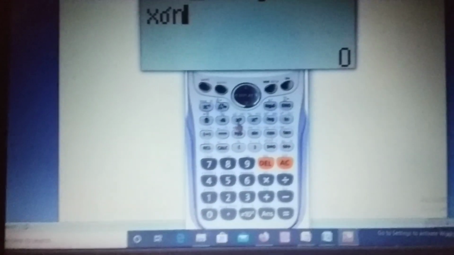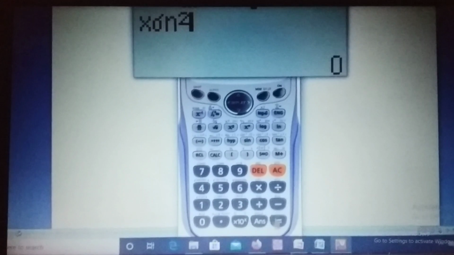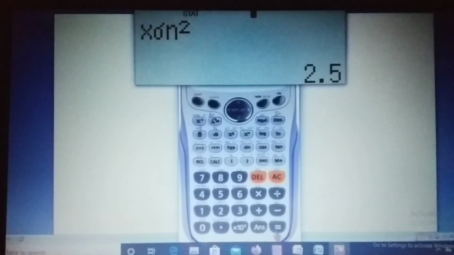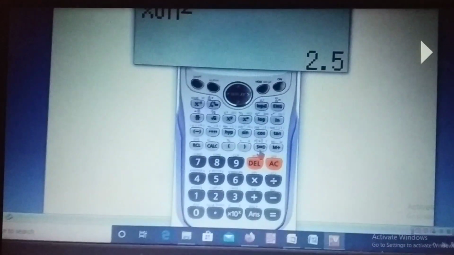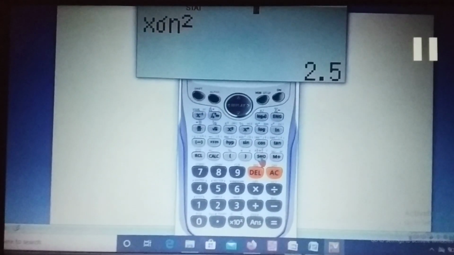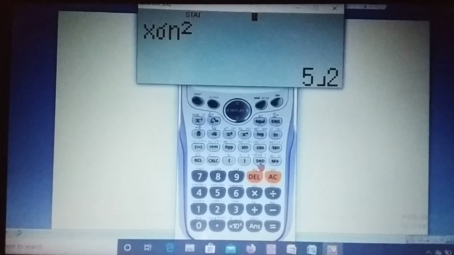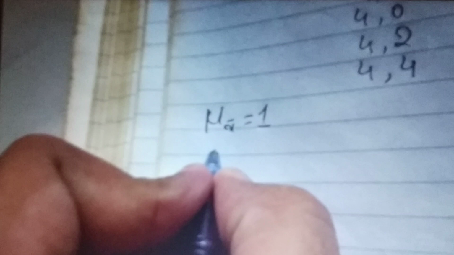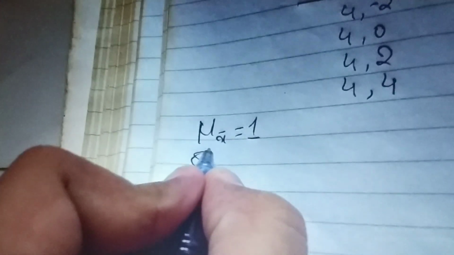I squared it for variance and I get the value of 2.5, that is 5 upon 2. I wrote it here, sigma x bar square equals 2.5, that is 5 upon 2.